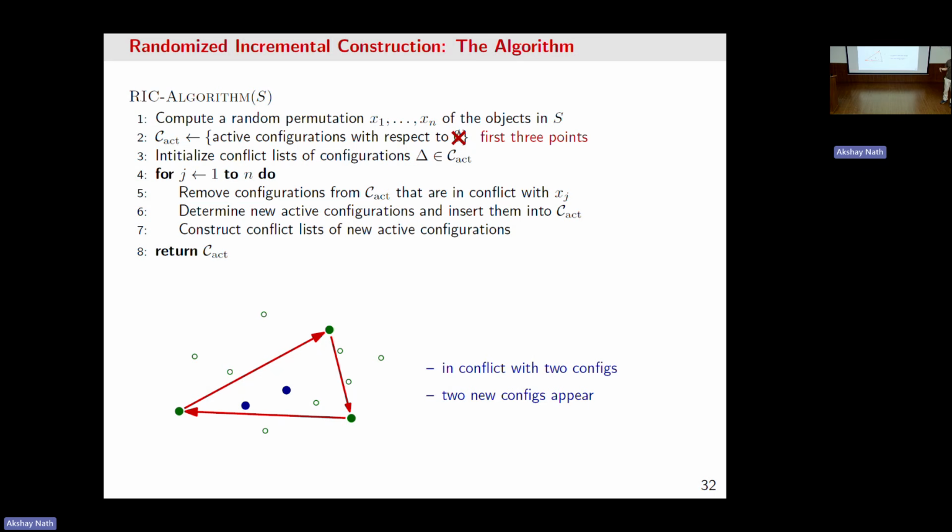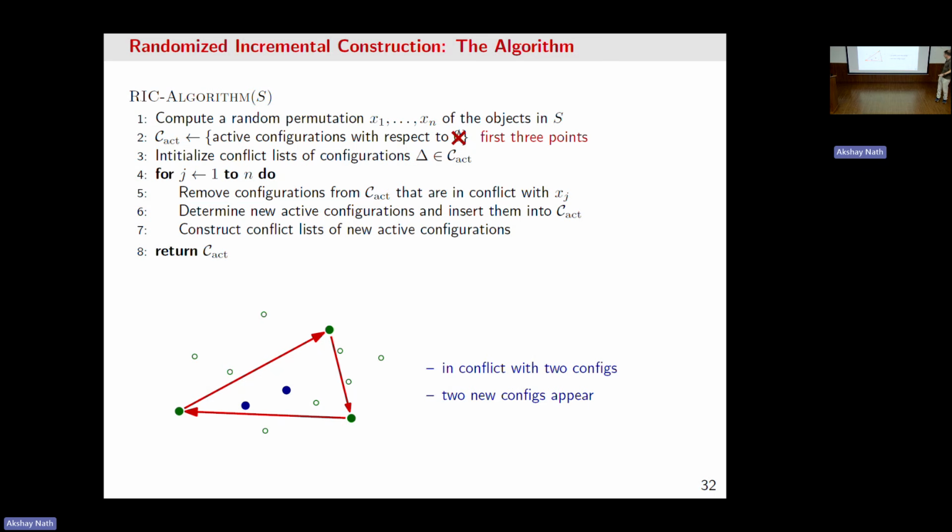Is that okay when it comes to the running time? Yes, because these were all configurations that I created. I take their conflict lists, I take their union and so on. That's linear time in all these conflict lists.